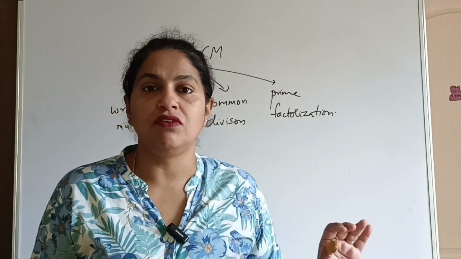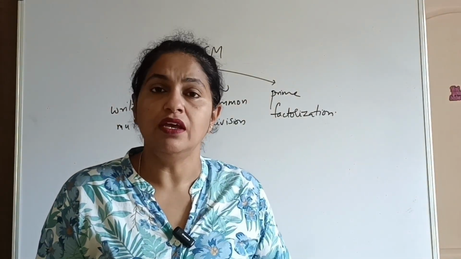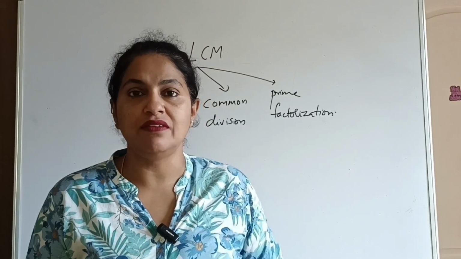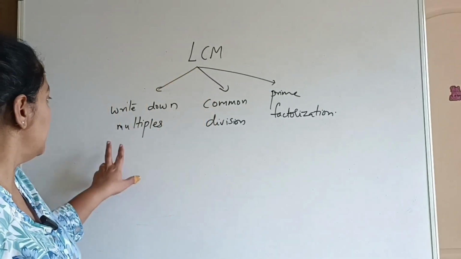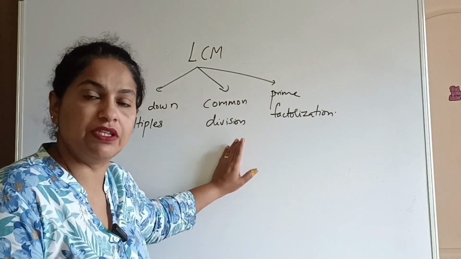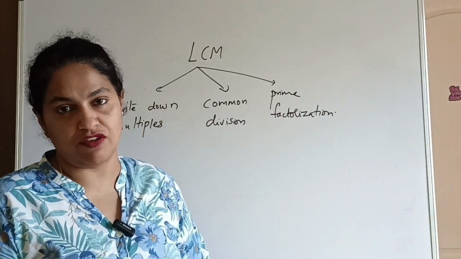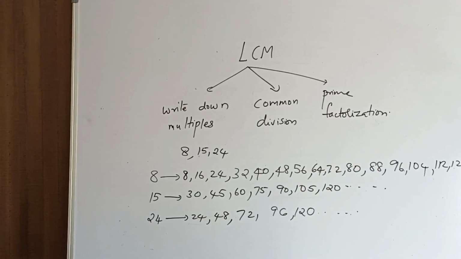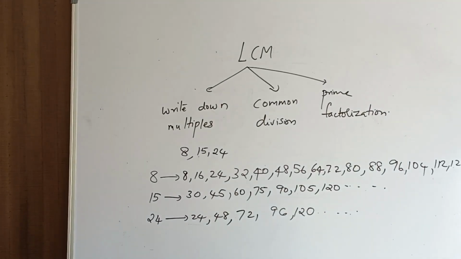In order to find the HCF, we were writing down the factors. Now let us take 3 random numbers and try to find their LCM using the writing down the multiples method and the common division method before we move on to prime factorization. Here you can see how I have listed down the multiples of 8, 15 and 24.